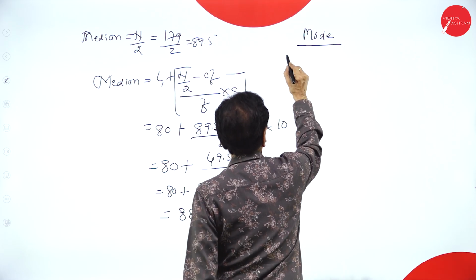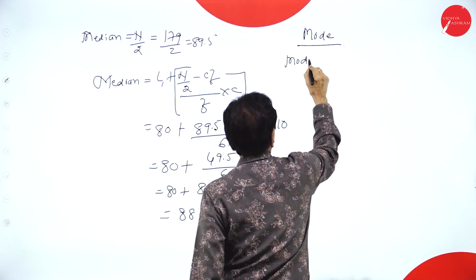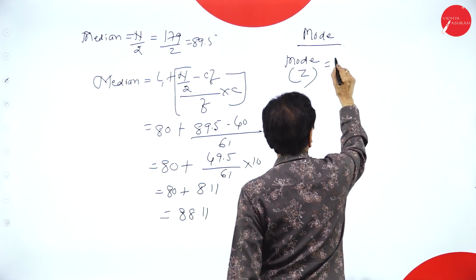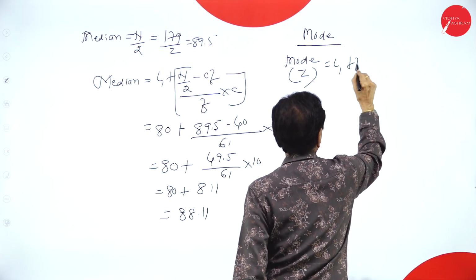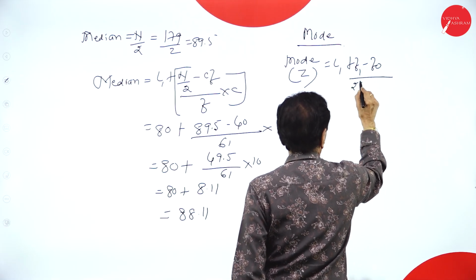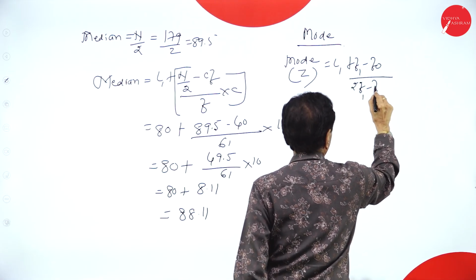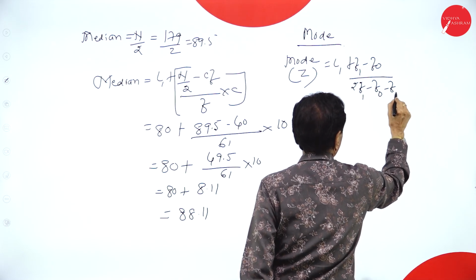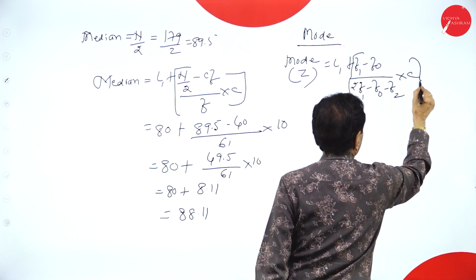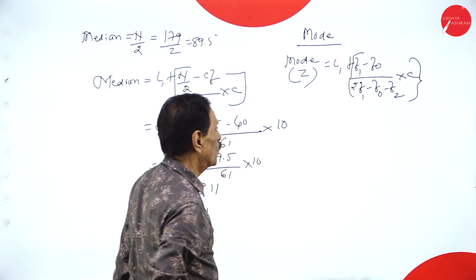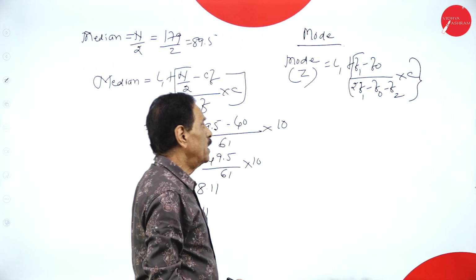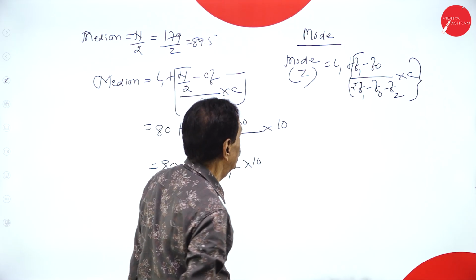Mode, represented by Z, is equal to L1 plus F1 minus F0 divided by 2F1 minus F0 minus F2 into C.